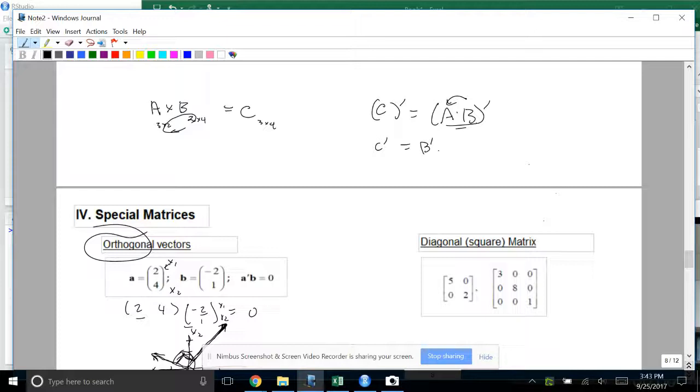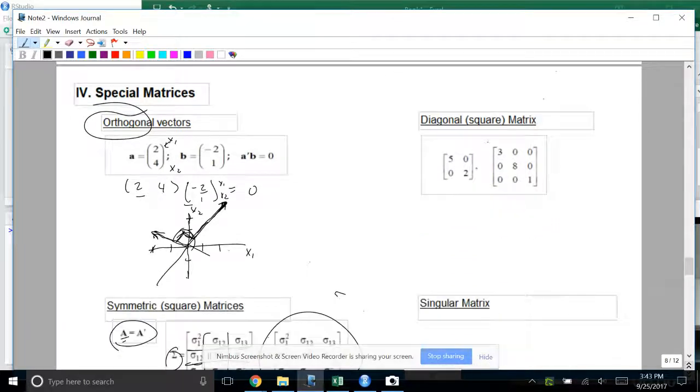So this will be B transpose, A transpose. The transpose of a 3 by 4 is going to be a 4 by 3. The transpose of B is going to be a 4 by 2, and the transpose of A is going to be a 2 by 3. So it ends up being a 4 by 3. So anyway, when we take the transpose of a product, it is the reverse order product of the transposes.